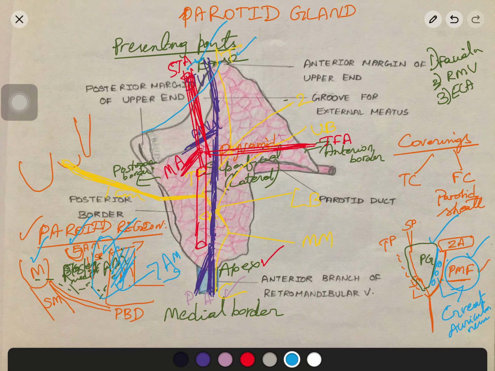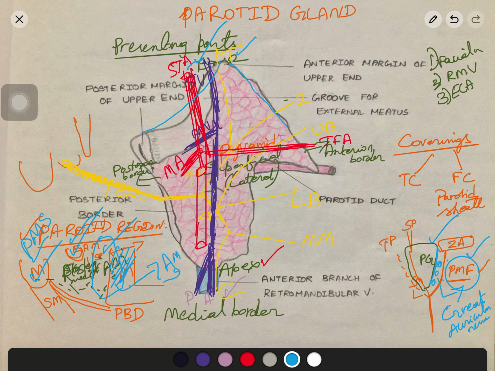This is the anteromedial surface, related to the posterior border of the ramus of the mandible and two muscles attached to the ramus. And this is the posteromedial surface, related to the mastoid process and styloid process and deep to the styloid process. So now we will see the borders of the parotid gland.